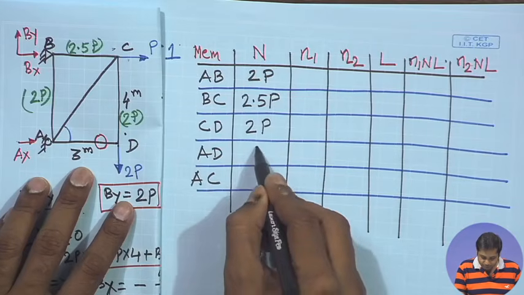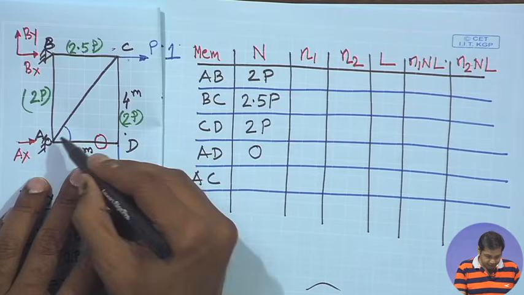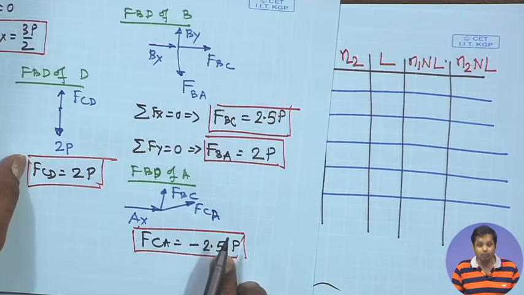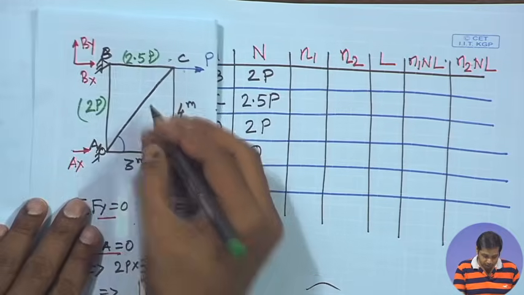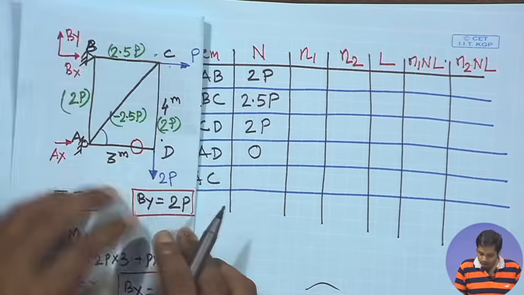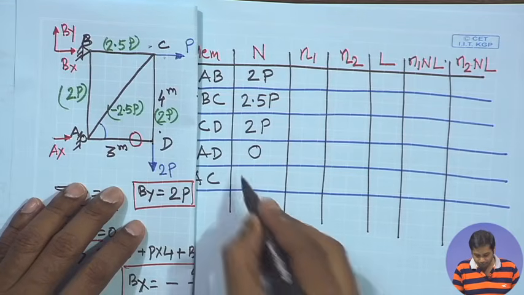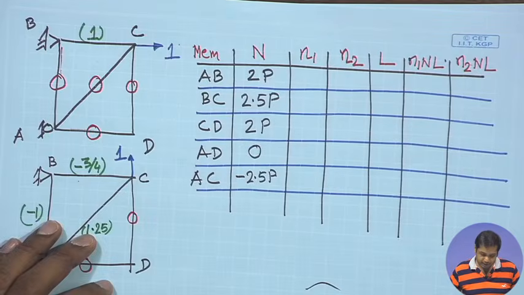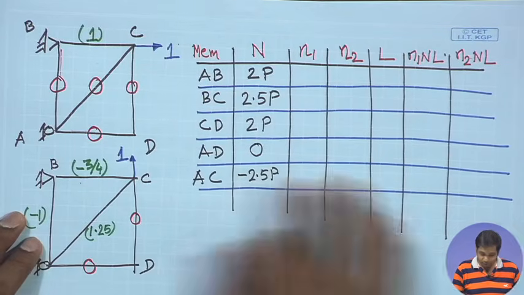This member is a 0 force member, it is 0, and then this member is minus 2.5p. We have already determined it. So, these are the forces in the members due to the external load.